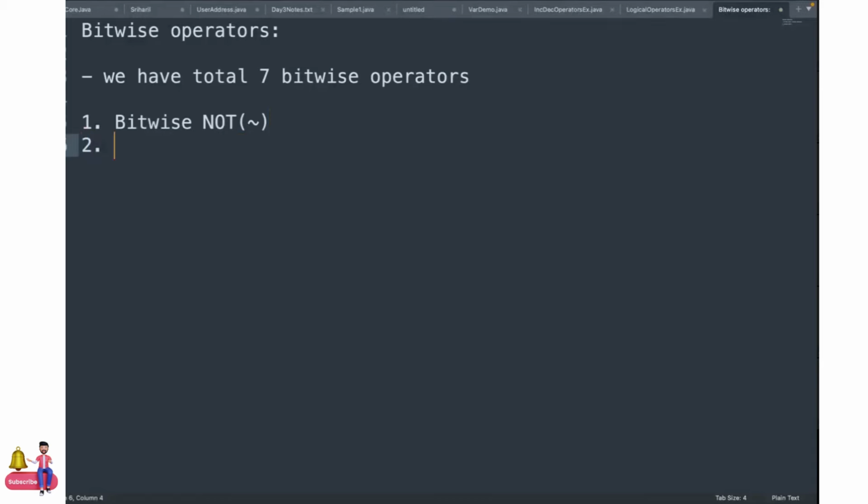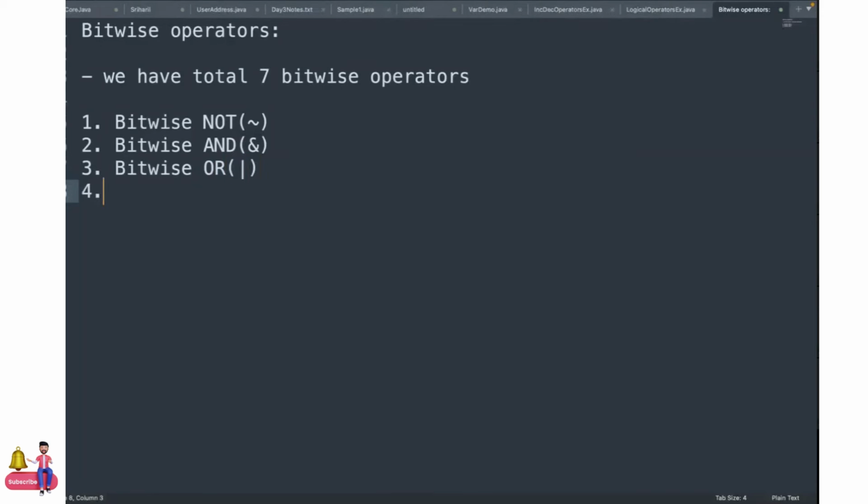And secondly, we have bitwise and, which is represented using the and symbol. Thirdly, we have the bitwise OR operator, which is represented using a single pipe symbol.